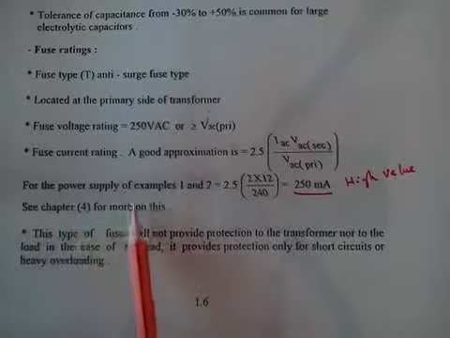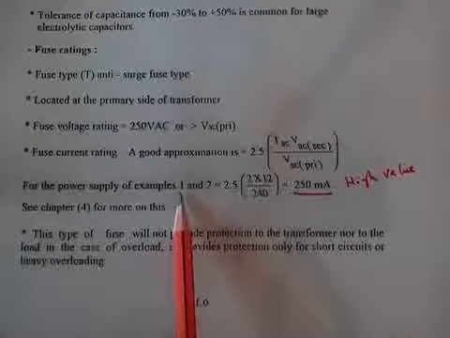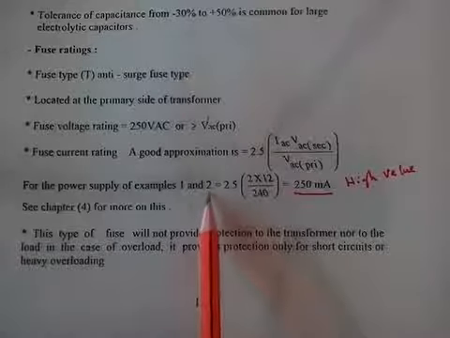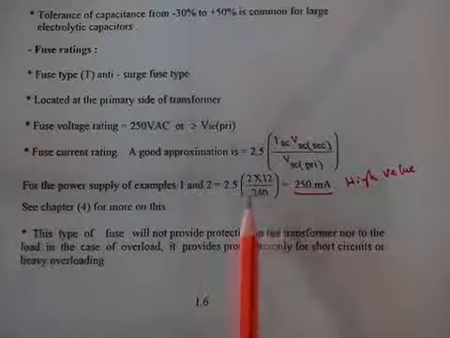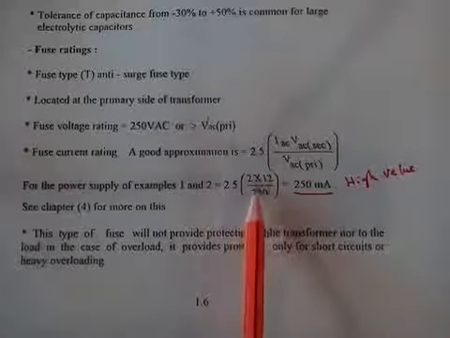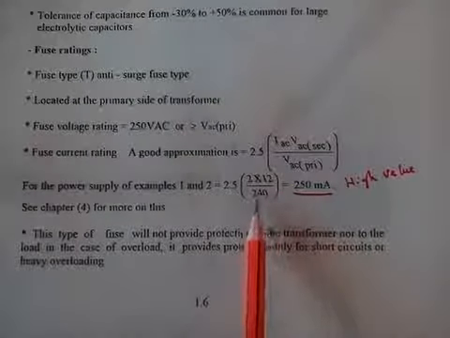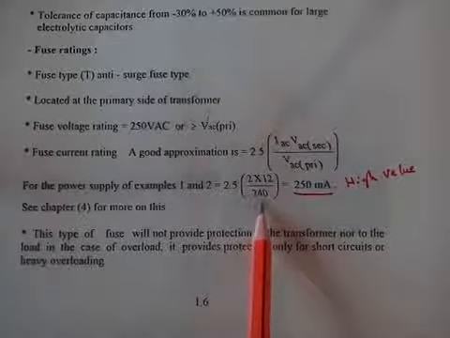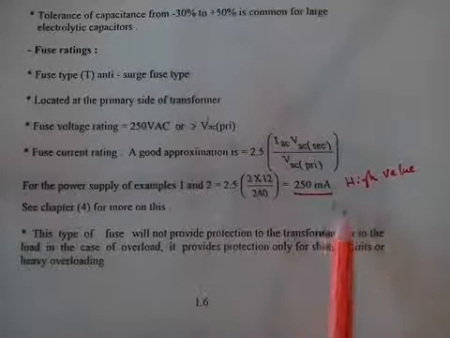For the power supply of example 1 and 2, okay, that one without a cap and that one including the storage element, the cap, that would be equal to 2.5 multiplied by 2 amps multiplied by 12 volts divided by the 240, that's the main supply voltage, and that would give us a 250 milliamp fuse.